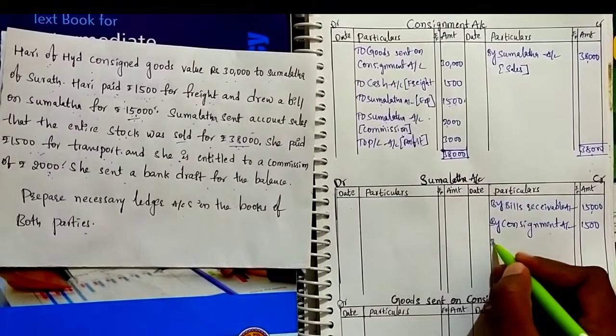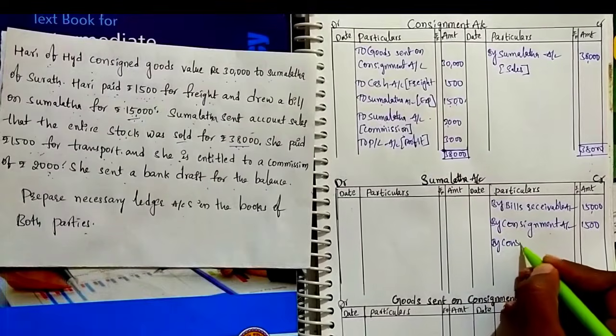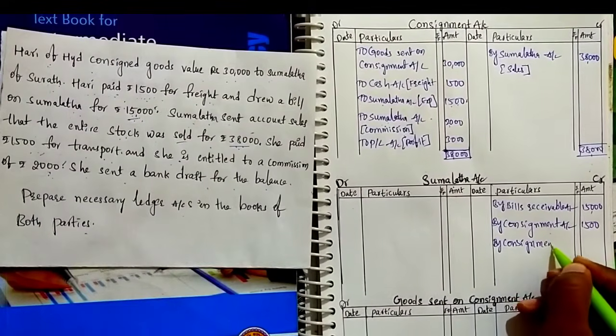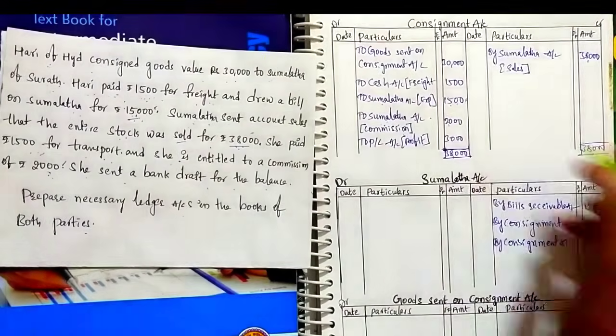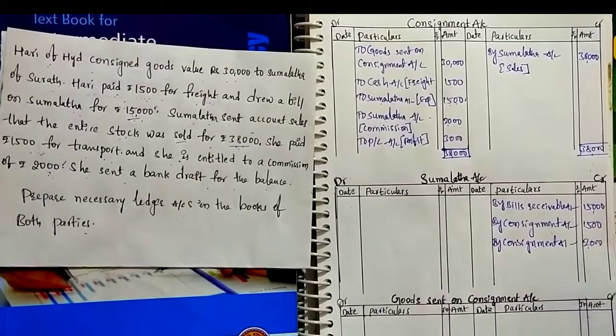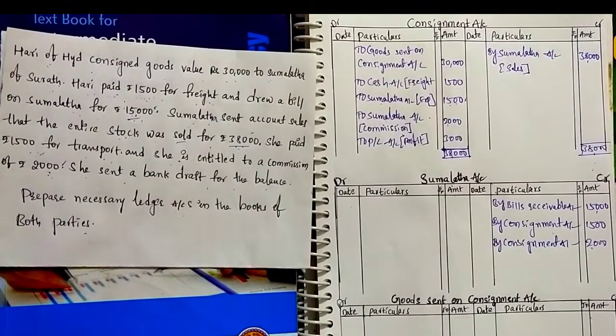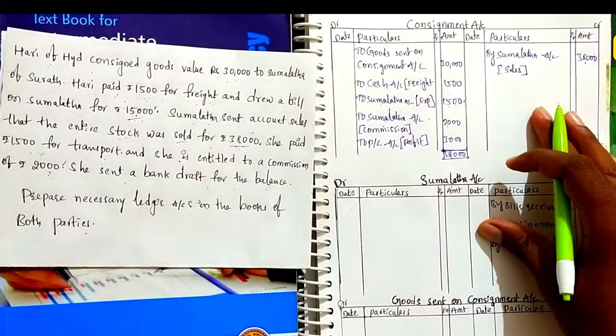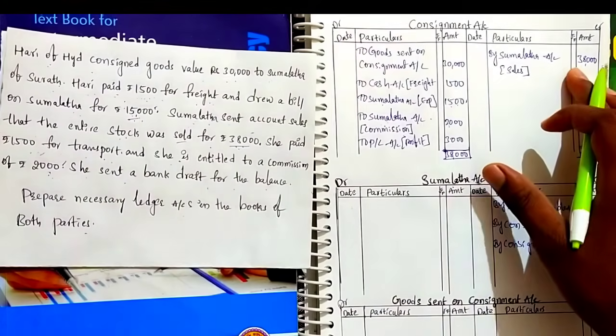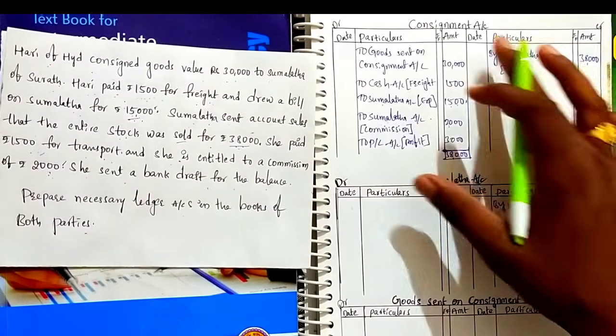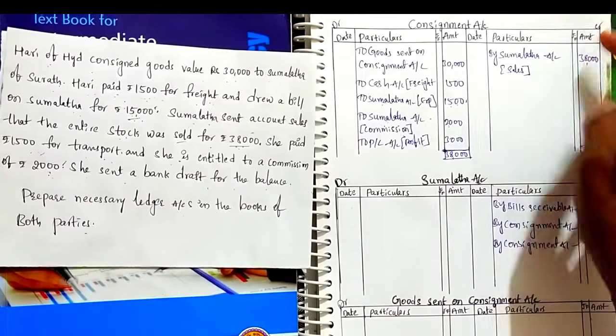So we have to write on the credit side by consignment account, rupees 2000.